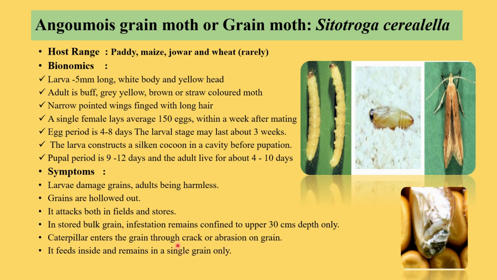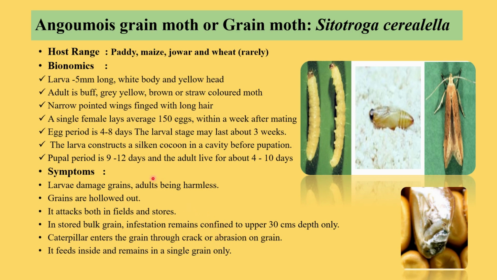And coming to the identification of the grain moth: the egg is white in color, on the surface of damp grains in the stores or fields. The grain moth can be seen in both fields and stores. So management is very compulsory for the grain moth.